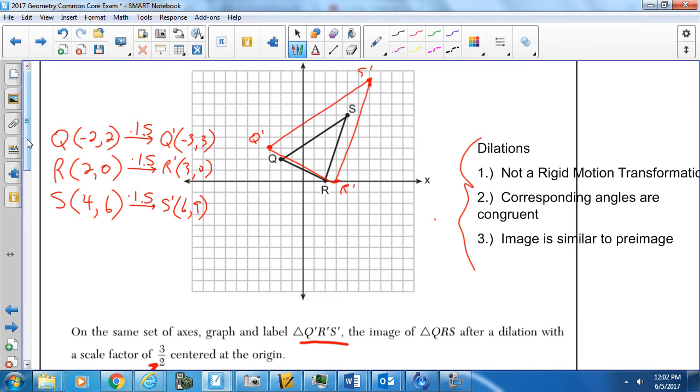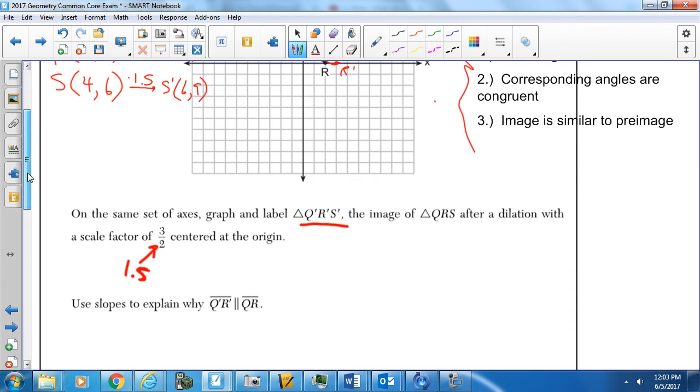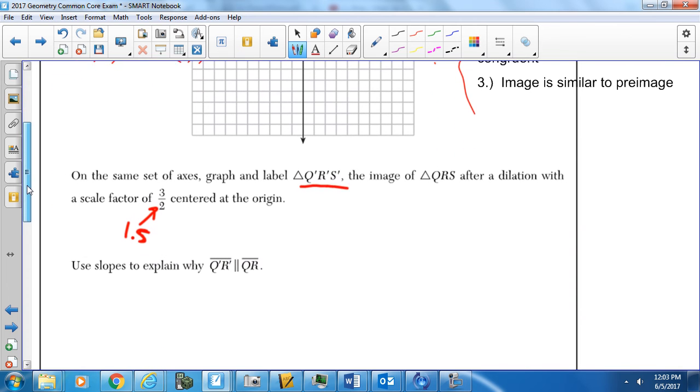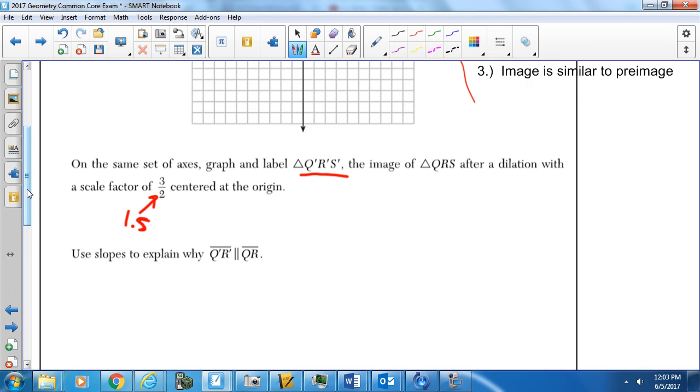So we did the first part of this problem. Now we have to explain why Q prime R prime is parallel. That means parallel, all right? Remember, when two lines are parallel, the slopes are going to be the same, all right?